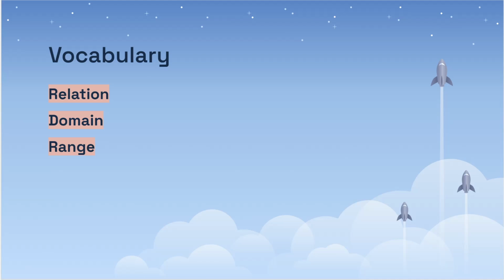Okay, so let's look at some more vocabulary words. A set of ordered pairs. So let's say we had a table of x, y coordinates. Let's go back to our trusty taxi example.